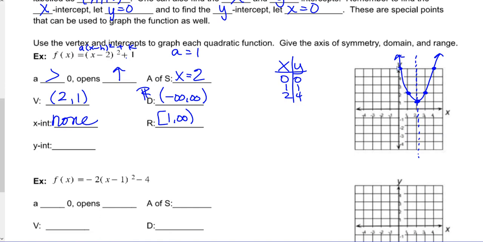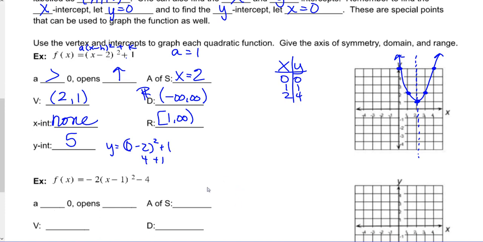Now, on my y-intercept, notice here, I can see where it crosses. It's actually going to cross at 5, so therefore my y-intercept is going to be at 5. So, how do you find that algebraically? We're going to let x equal 0, so in here, my y is equal to 0 minus 2 squared plus 1. This gives me 4 plus 1, definitely the 5.